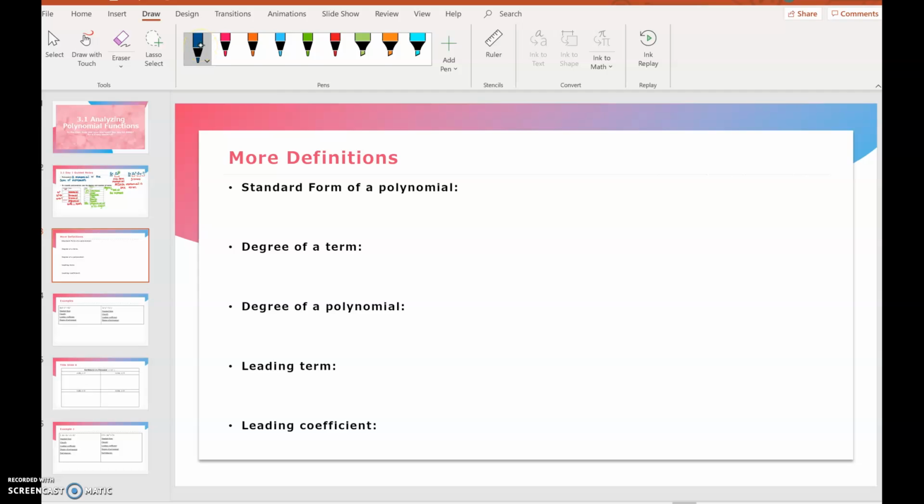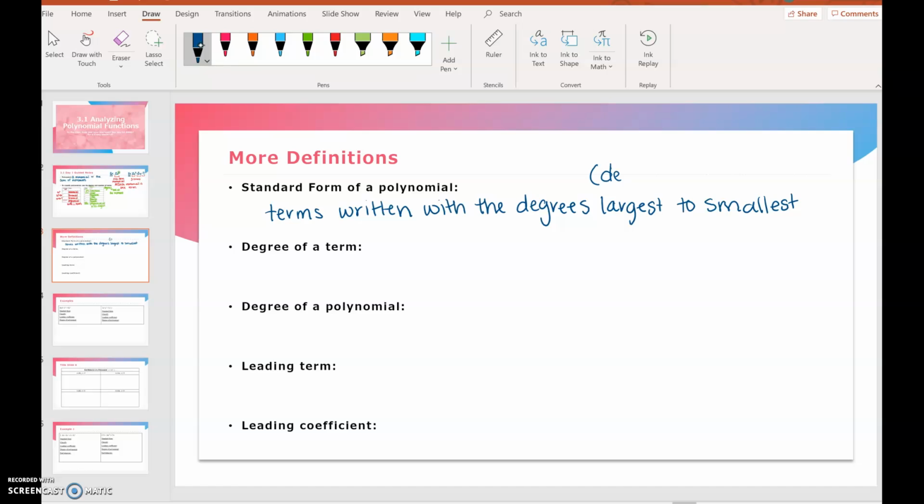Standard form of a polynomial is the terms written with the degrees largest to smallest, in other words, descending order. So for standard form, you're going to write the exponents from greatest to smallest.